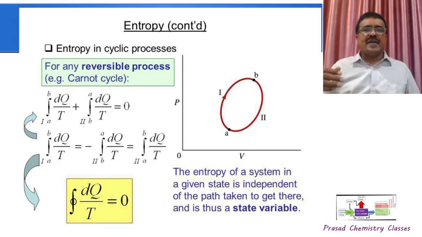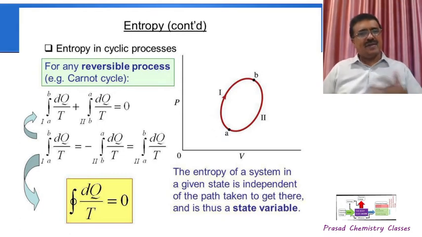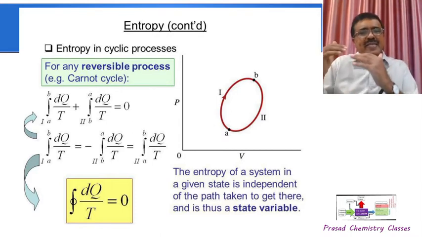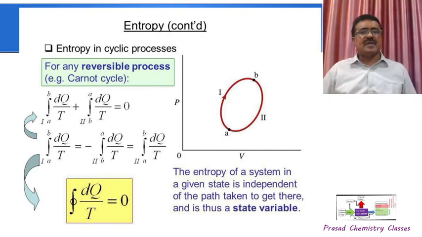So we can write dq by T A to B is equal to dq by T B to A, the second path. Now, if you reverse the second path, what can we write? dq by T along the first path A to B will be equal to dq by T along the second path A to B. Or in any cyclic process, the integral of dq by T will be 0.